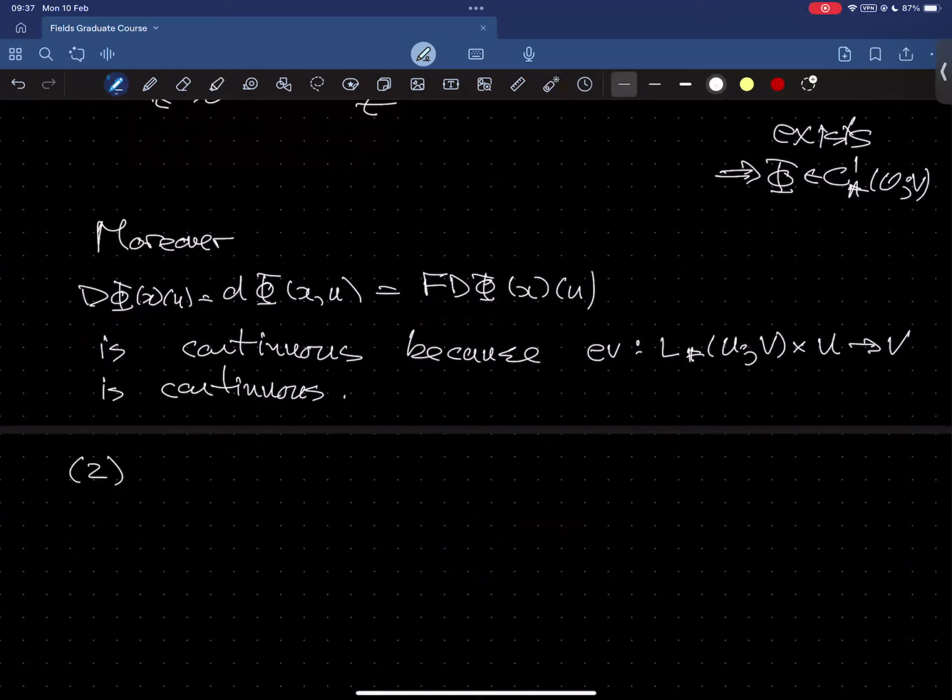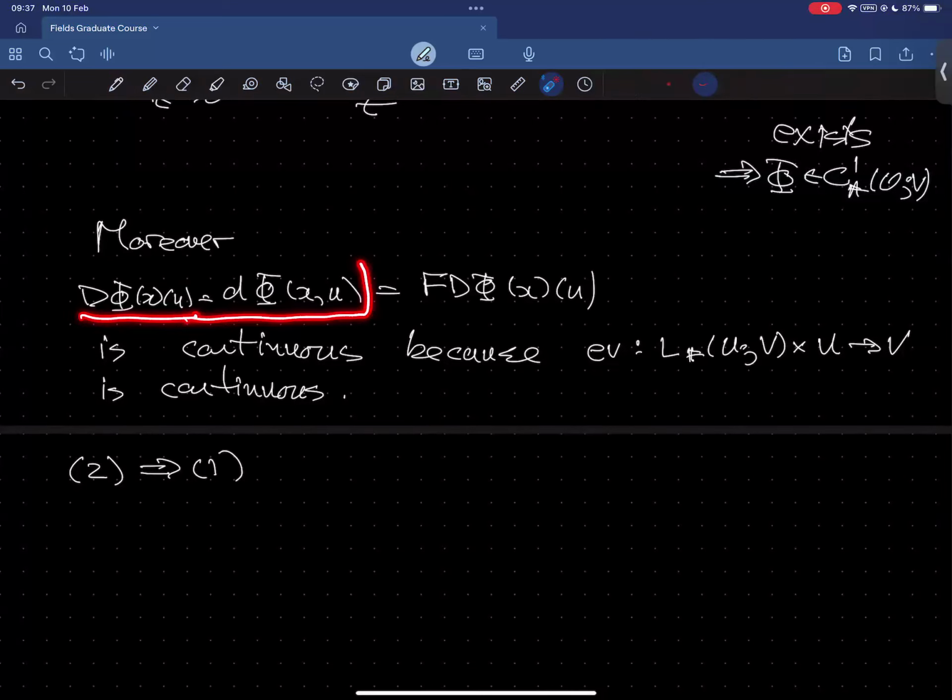Now, let's prove that if phi is of class C1, and if this thing, which is defined by that formula, is continuous, then phi is of class FC1.